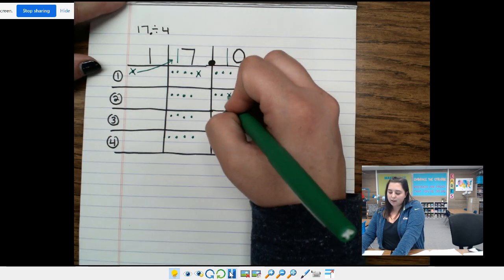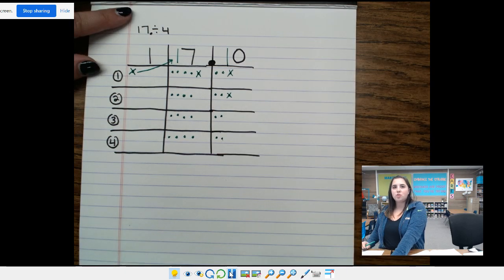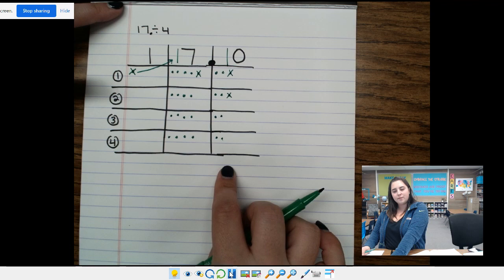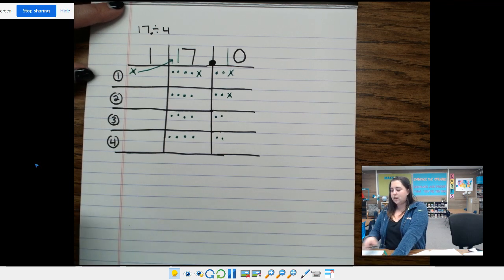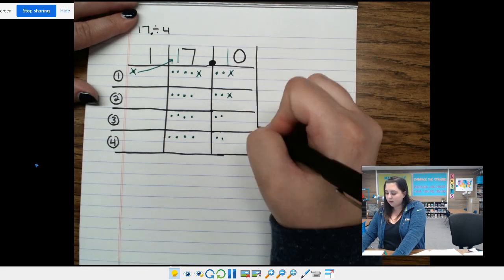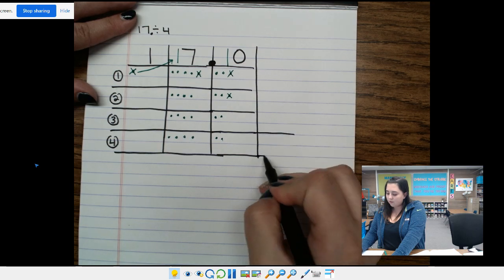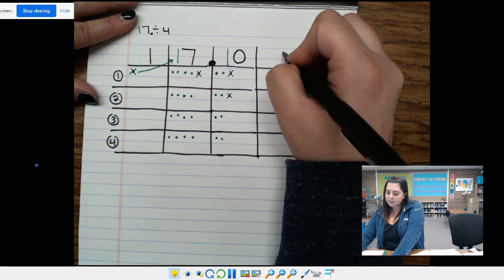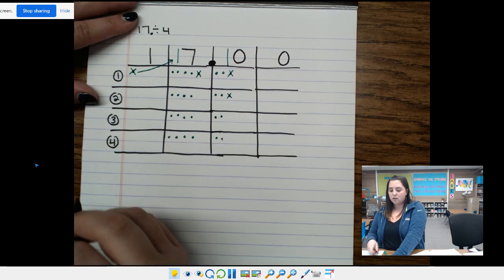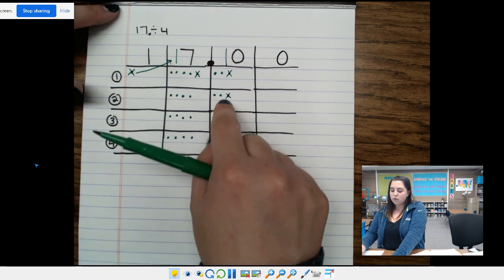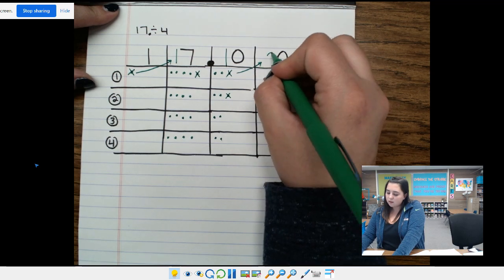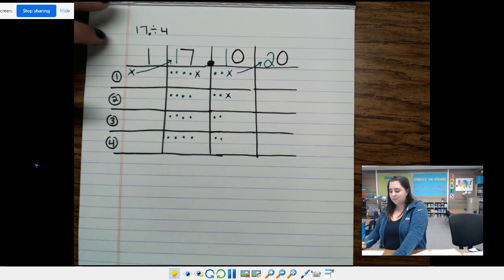It didn't work again. I have these 2 extra. Now they all have 2. What do we do? That's right, we're adding another column here. And if there was nothing in that column before, we write a 0. So now I'm taking 2 dimes away, and that becomes 20 pennies.